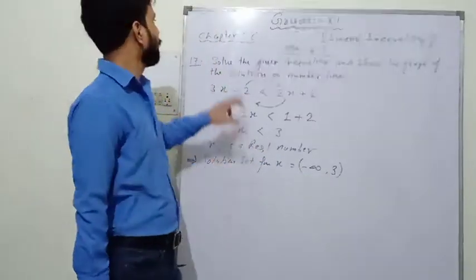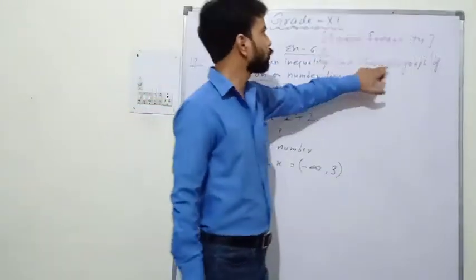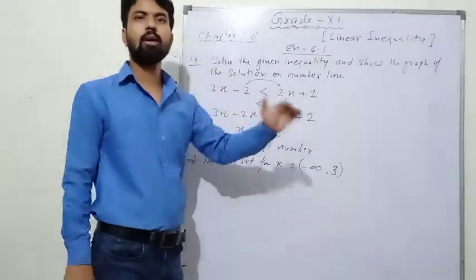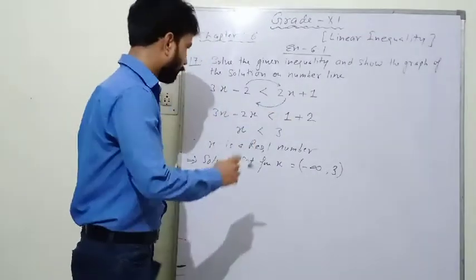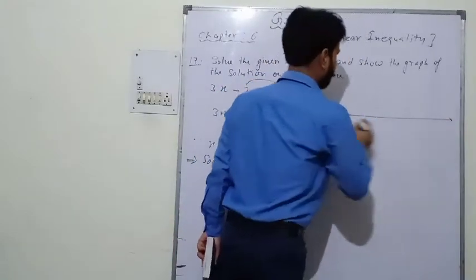Now the question is saying solve the given inequality. So here we have already solved this, and show the graph of the solution on number line. Now we have to show this solution on number line. So what we will do? We will draw a number line here.